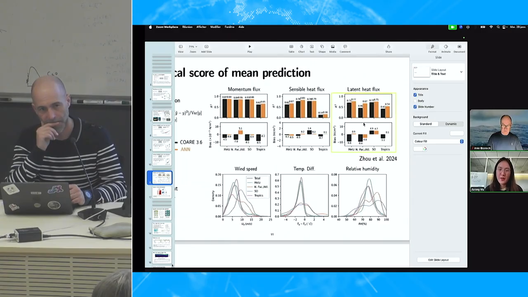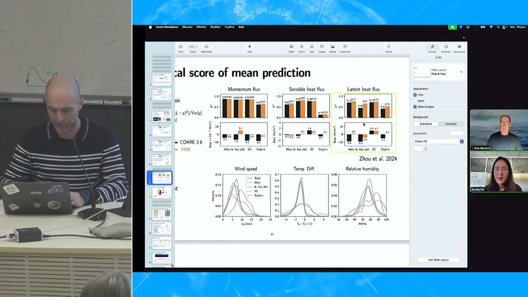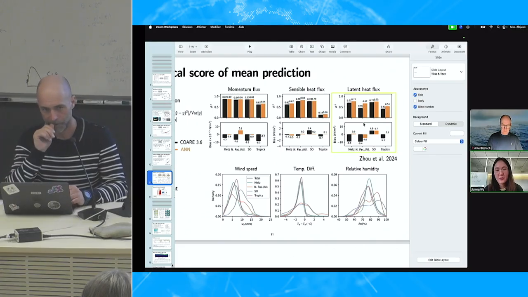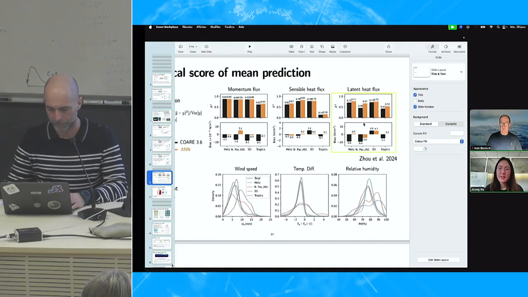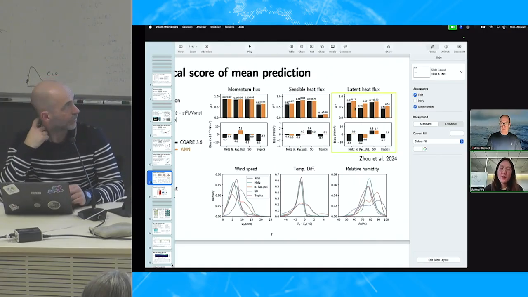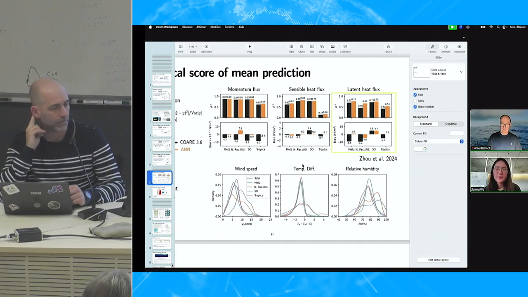Of course, there is still a change of skill, really. But at least it's looking okay, like it's improving across different regions.